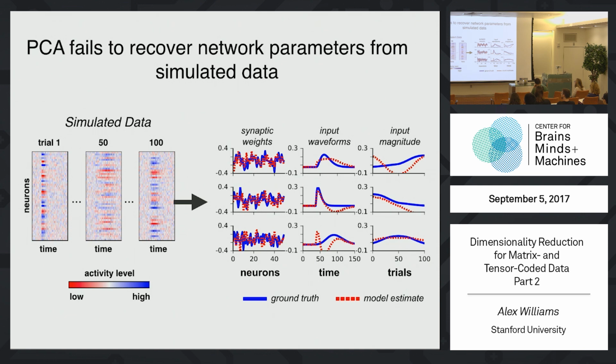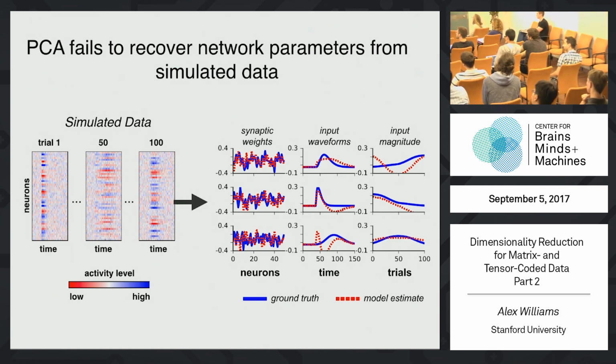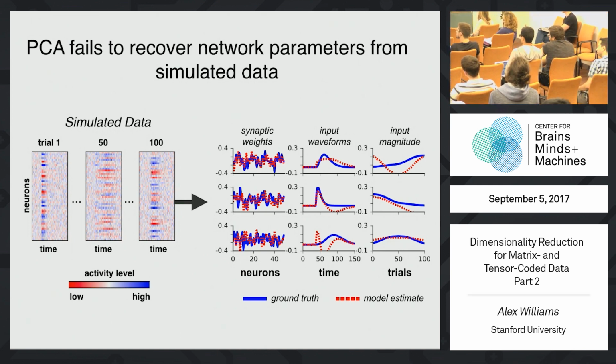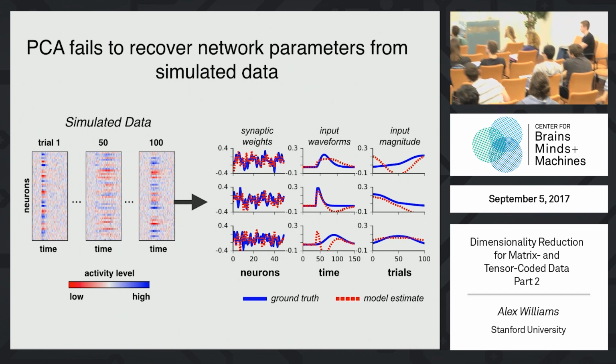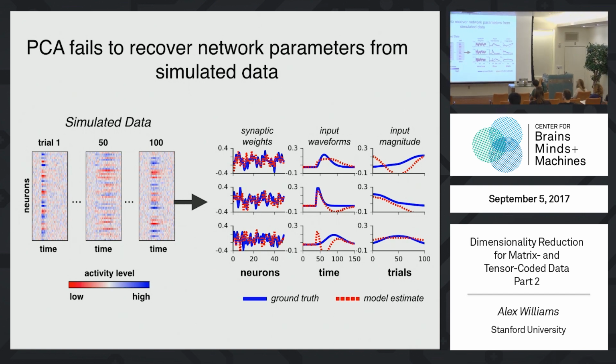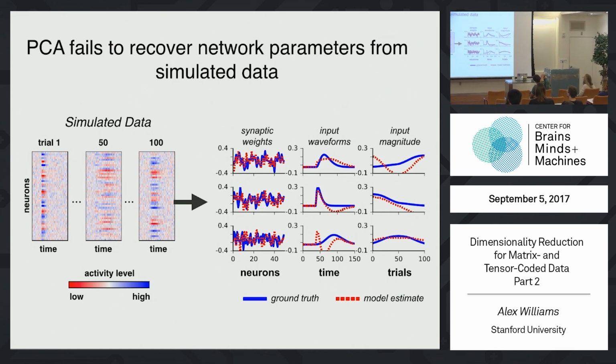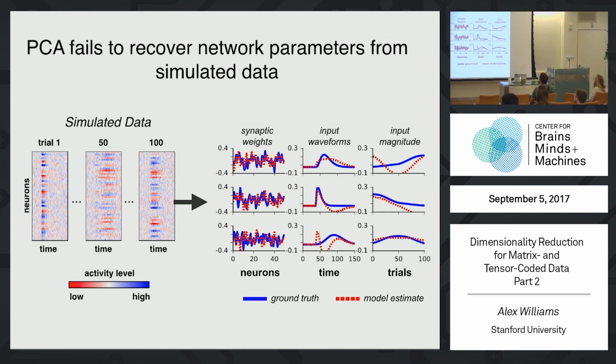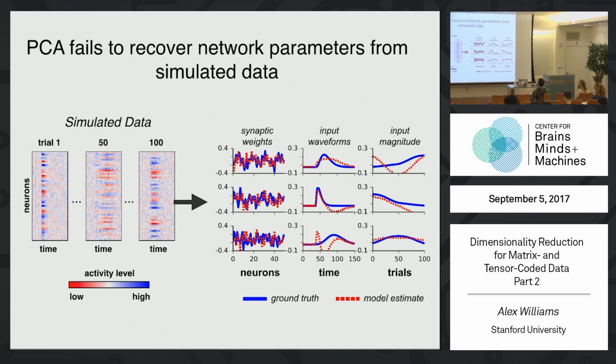If you flatten it across neurons and apply PCA, you can get a low-dimensional basis for neurons. If you flatten it across time points, you get a low-dimensional basis for time points. And if you flatten it across trials, you get a low-dimensional basis for across-trial dynamics. But you run PCA 3 different times, and there's no way of connecting them to each other. And intuitively, that's why this doesn't work.